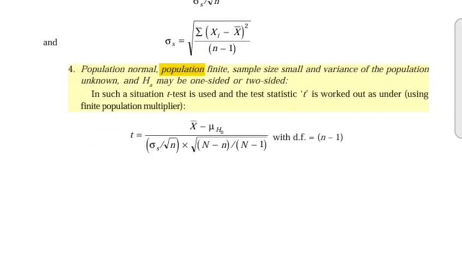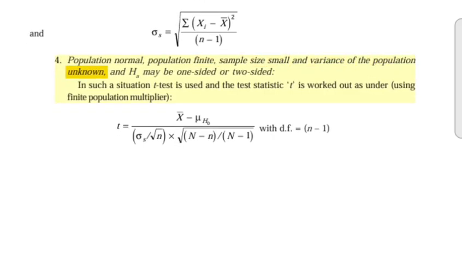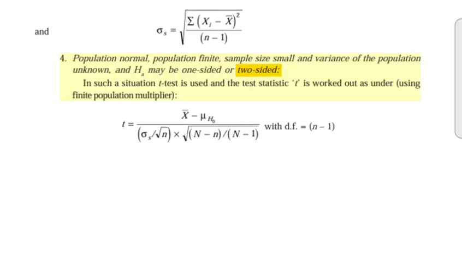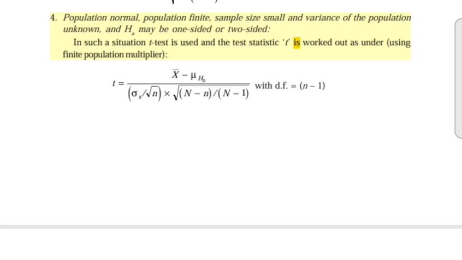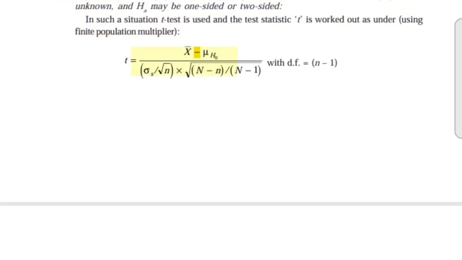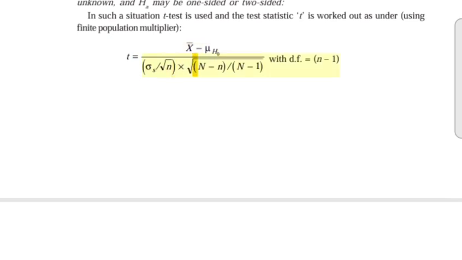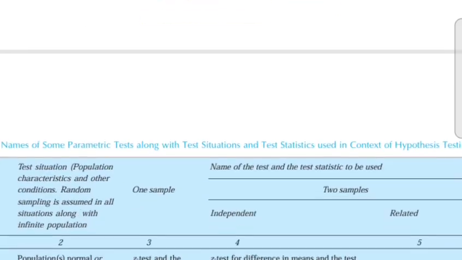Population normal, population finite, sample size small and variance of the population unknown, and Ha may be one-sided or two-sided. In such a situation, the t-test is used and the test statistic t is worked out as under, using the finite population multiplier, with d.f. = n − 1.